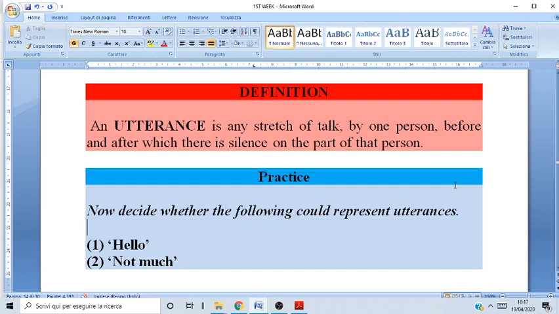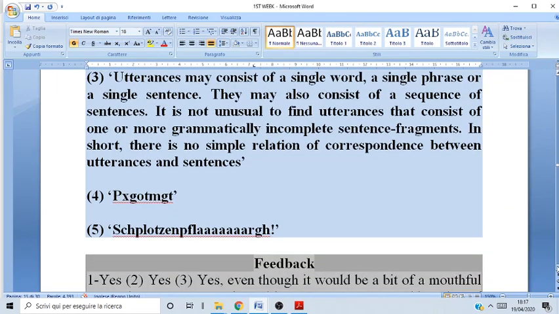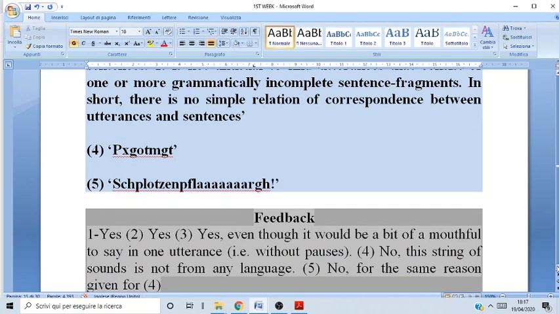Not much is an utterance as well. The whole chunk of number 3 is an utterance. Okay, it might be a little difficult to pronounce all at once, but yes, because there is then a silence before and a silence after. Number 4 and number 5 are not utterances because it is not from any specific language. And the same thing can be said for number 5.